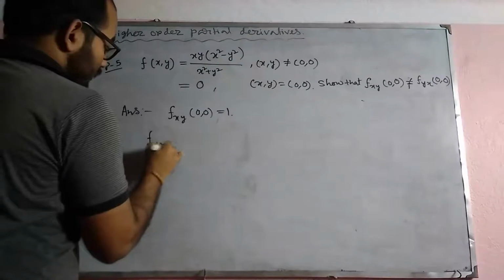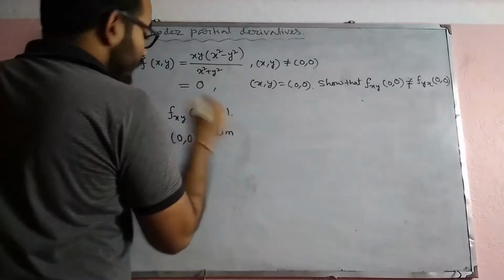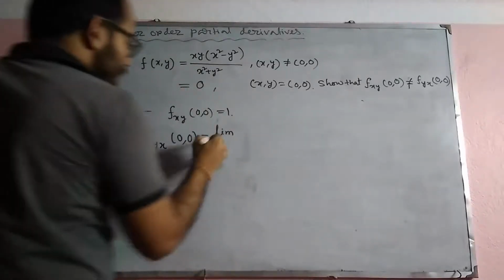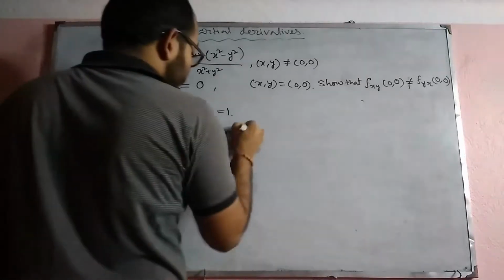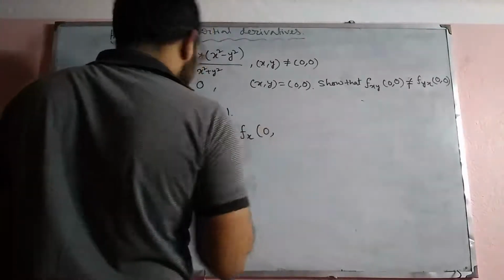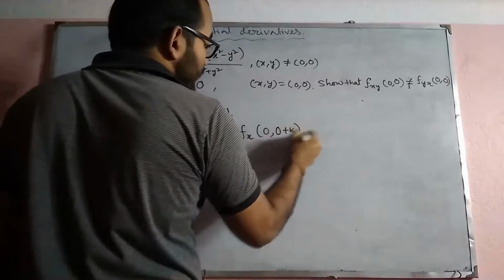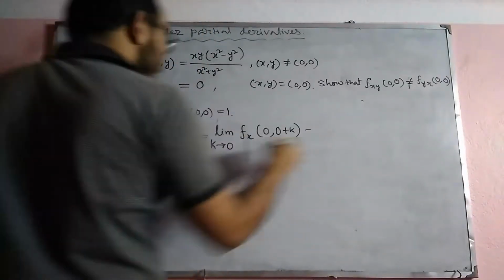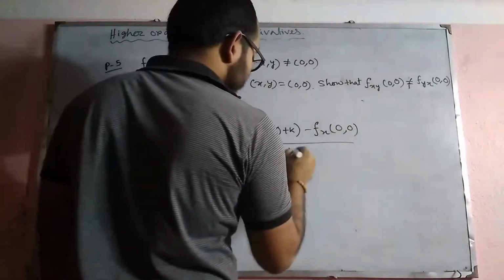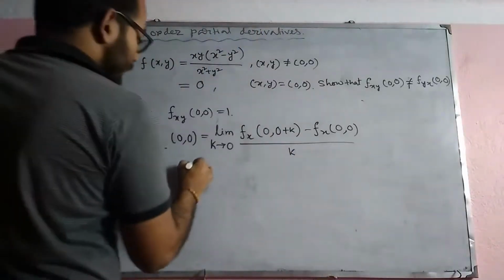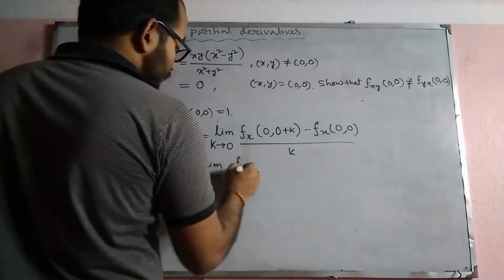f yx at (0, 0) is equal to limit k tends to 0 of (f x of (0, 0 plus k) minus f x of (0, 0)) by k.